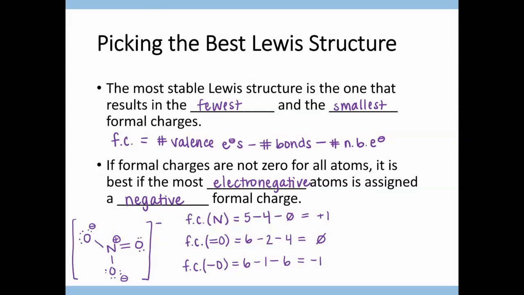So -1 for both oxygens, +1 for the nitrogen, and 0 for the double bonded oxygen. So our net charge is +1 for nitrogen plus -1 plus -1 equals -1 overall for the net charge for this molecule. So that's why it's NO3 minus, the net charge is -1.